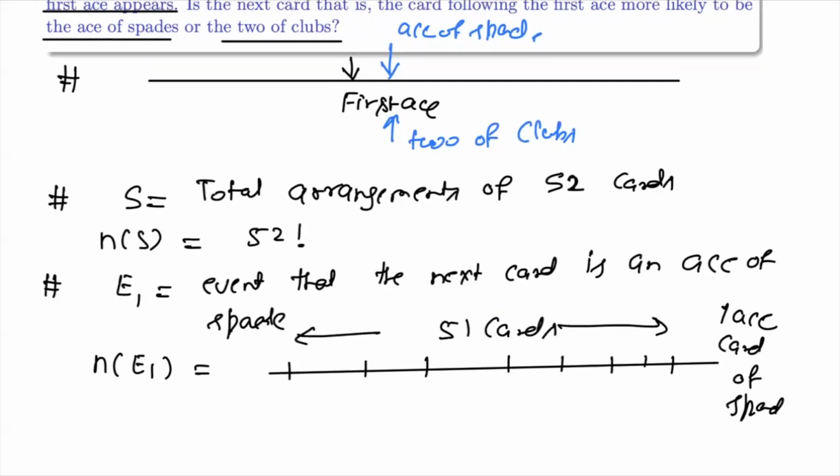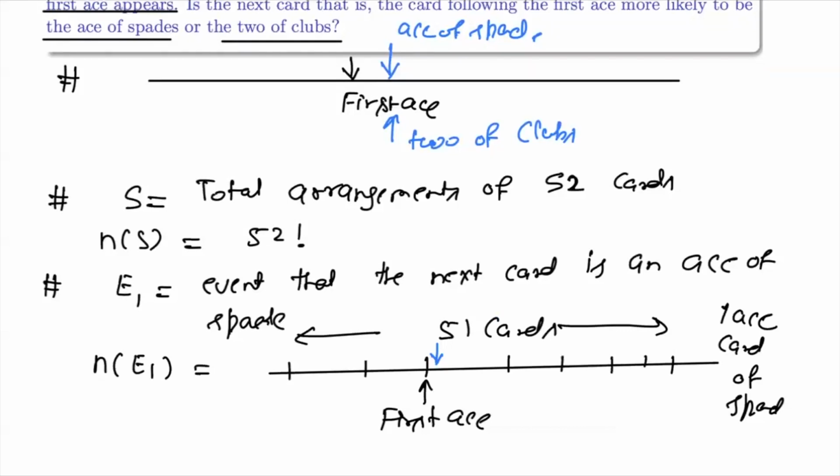Let me tell you once more. In order to answer this question, that after getting the first ace, the next card is the ace of spades, let me keep this ace of spades out, and try to arrange 51 cards. If here is the place where I get the first ace, I just plug the card here, very next to the first ace, and I will be satisfying the condition E1.